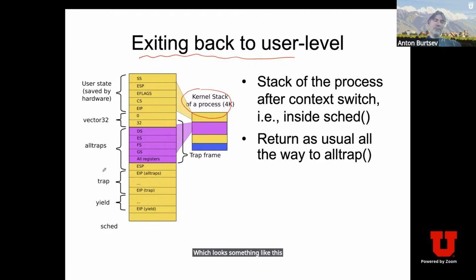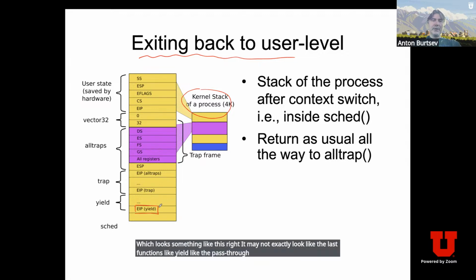It may not look exactly like this, since the functions like yield, the path through the kernel, can be slightly different. However, the registers saved by the interrupt, those error codes and an interrupt vector will be here. All registers will be saved here on the stack.